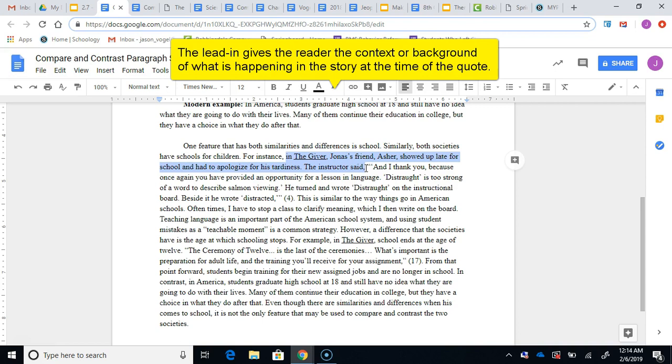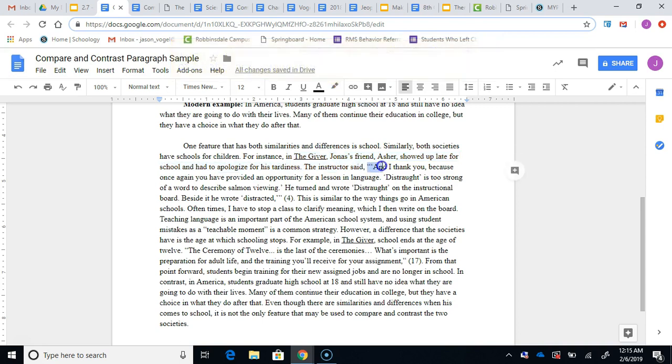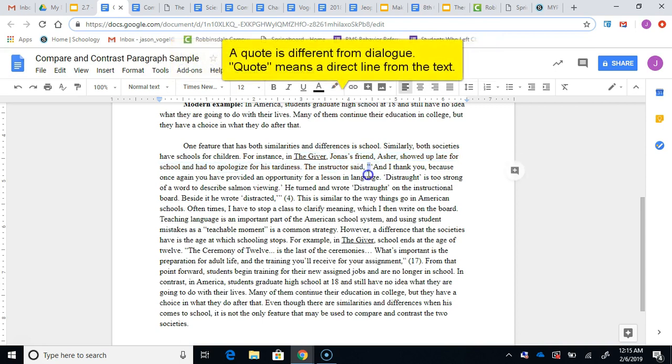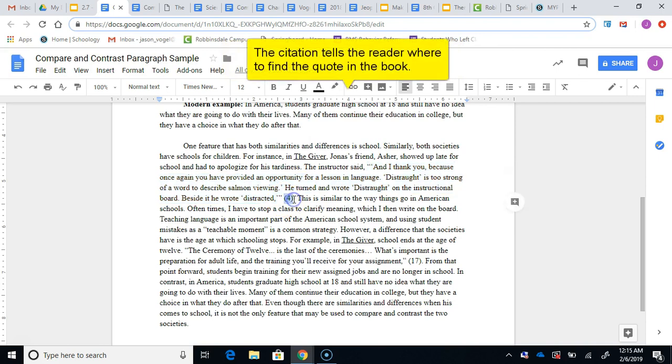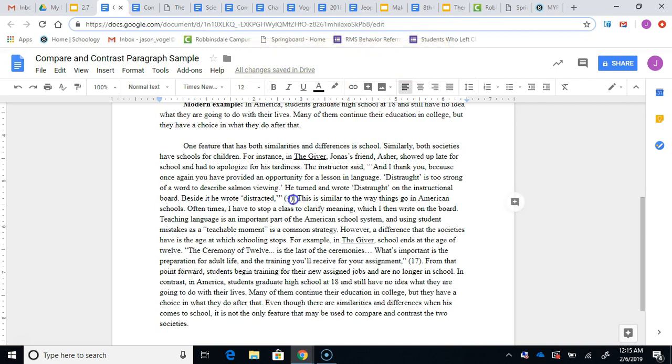People need to understand what was happening at that point in the story, so I provide that lead-in. Then I can give my actual quote. I put it in quotation marks, and I end it with a comma instead of a period, because I have to go on to the citation, which is the page number on which that quote appears in the book, and I end it in a period.